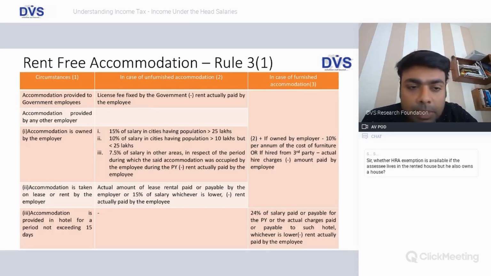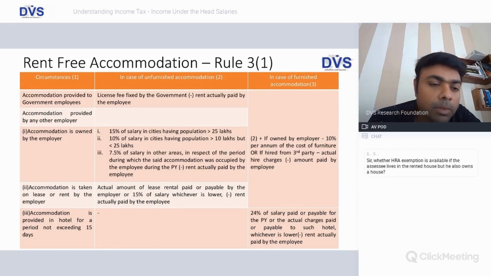It is 15% of the salary if the population exceeds 25 lakhs, 10% if the population is between 10 and 25 lakhs, and 7.5% in other areas, for the period for which the accommodation has been provided. We'll come to the definition of the term salary. And for all these numbers, you will reduce the actual rent recovered from the employee.